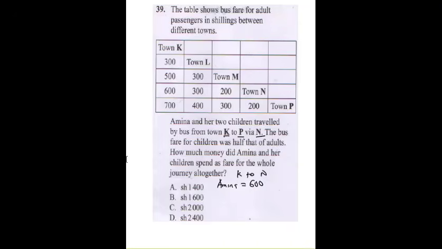Then for her children, it's going to be like for every child. Now it says the bus fare for children is half that of adults, which will be 600 over 2, which will give us 300. Now for her 2 children, it's going to be 2 times 300, which is what? 600. So from K to N, they spent 600 plus 600, and that will give us what?